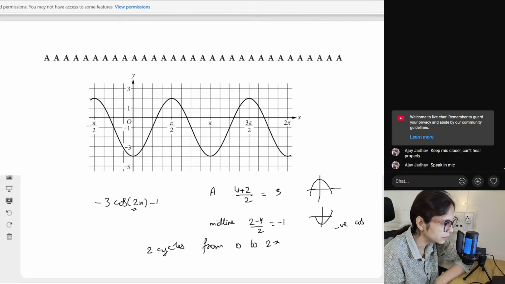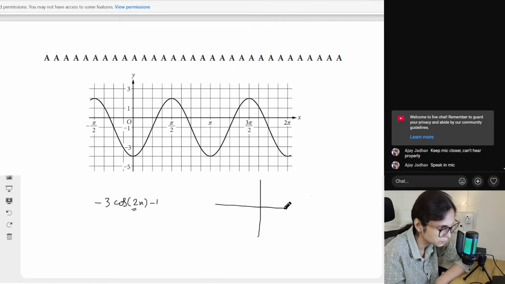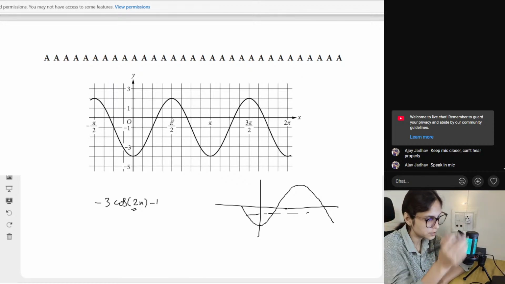So now if you look at the graph, right now it is like this, and the midline is at pi over 4, because 4 units are pi over 2, so 2 units are pi over 4.